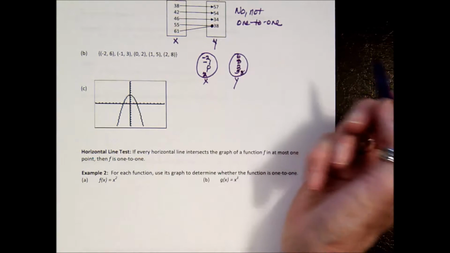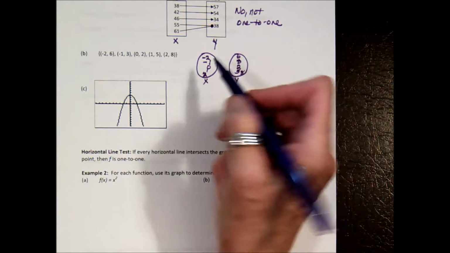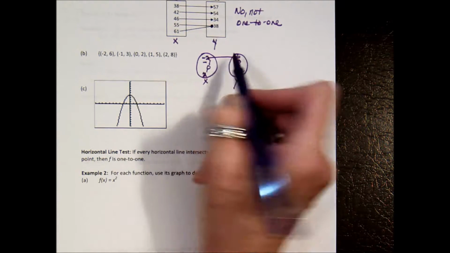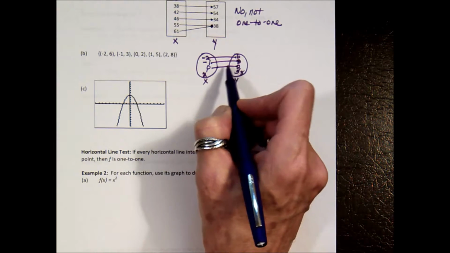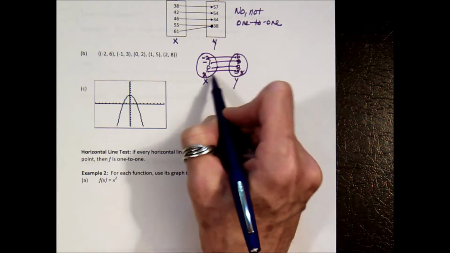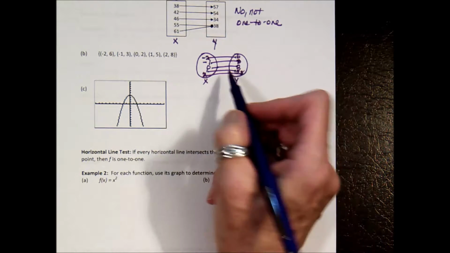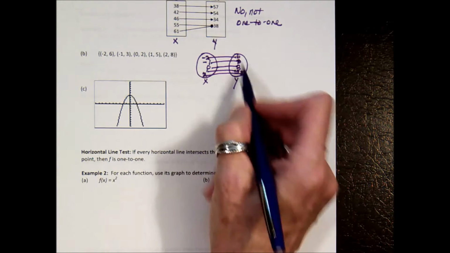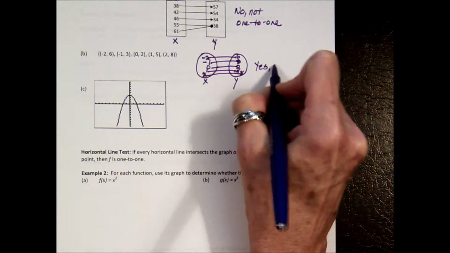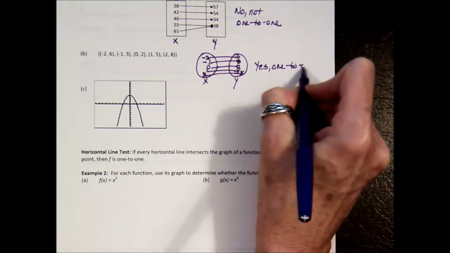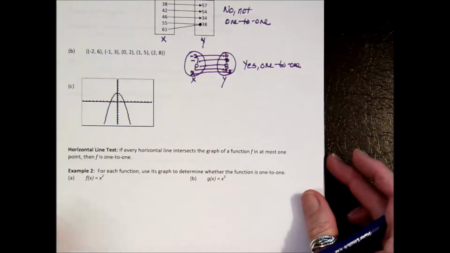I should have made my circles bigger. So -2 goes to 6, -1 goes to 3, 0 goes to 2, 1 goes to 5, and 2 goes to 8. First off, it's definitely a function. Does every y only go to one x? Yes. So this one is one-to-one. Every y only goes to one x.